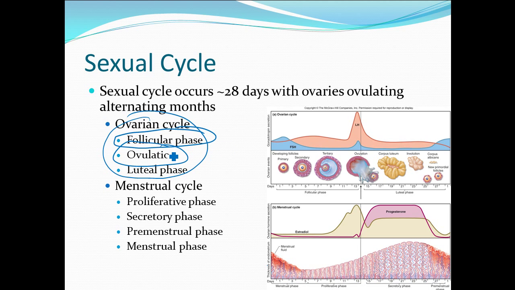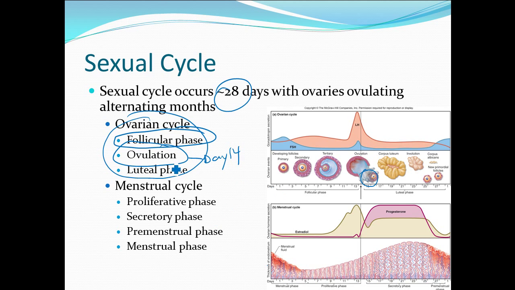Ovulation, pretty obvious. We're going to have the secondary oocyte being ovulated from the pre-ovulatory follicles. It comes out, right? That's when ovulation occurs, and that occurs on day 14. Right in the middle, basically.